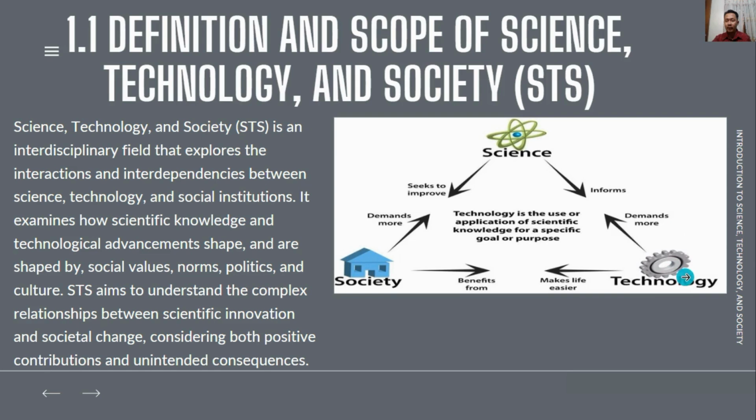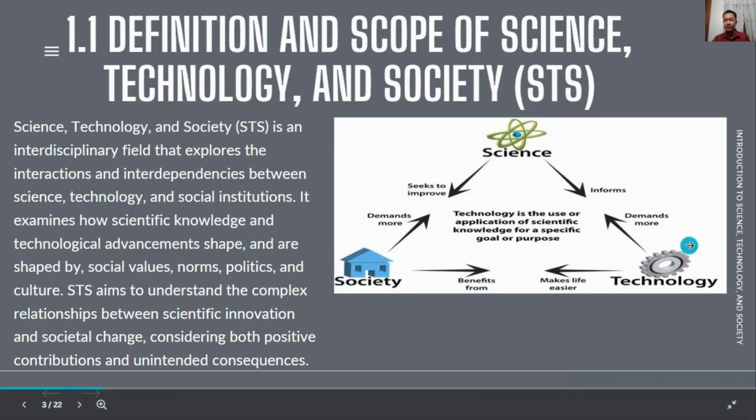The relationship between technology and society makes life easier, and the society, in return, benefits from that technology. As you can see in the relationship between society and science, the science seeks to improve society, and the society demands more of the science to improve life, to make life more efficient and effective in our day-to-day activities.